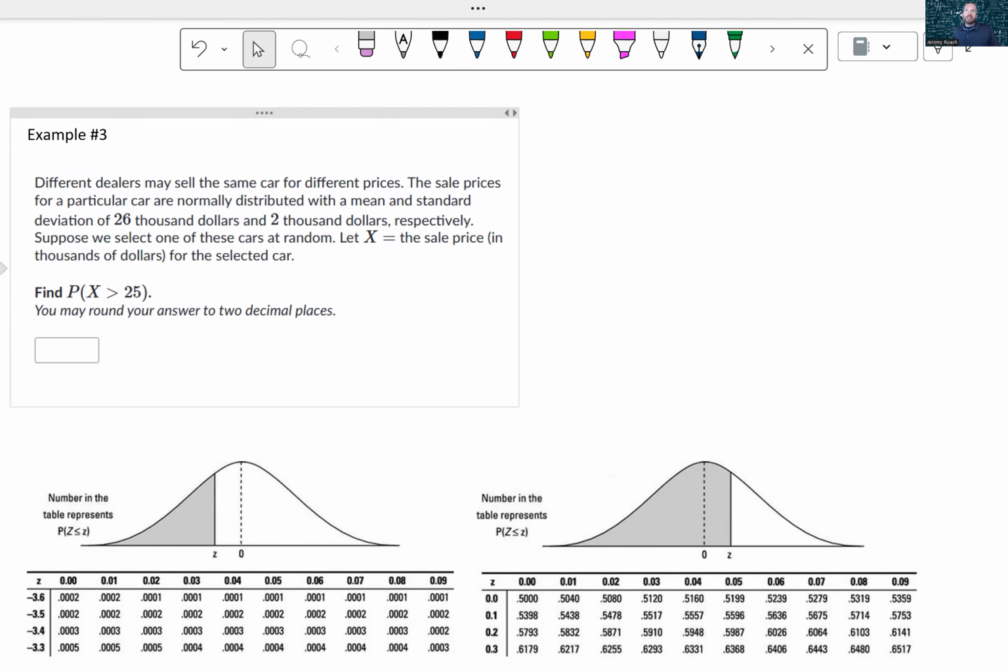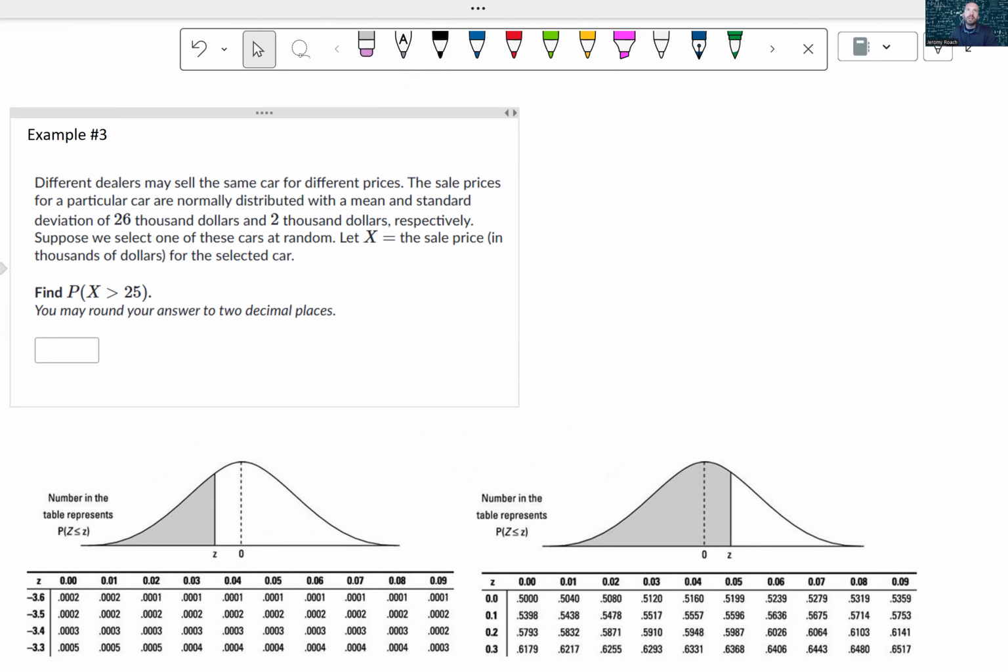This one's not about test scores. It's about cars from a car dealership, and it says the sale prices for a particular car are normally distributed with a mean and a standard deviation of $26,000 and $2,000 respectively. Respectively just means in that order.